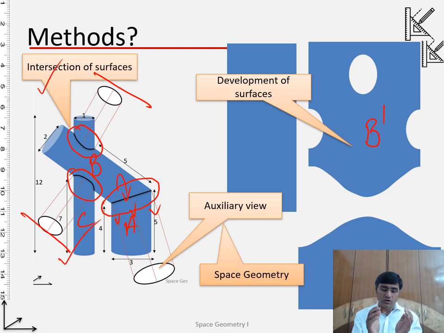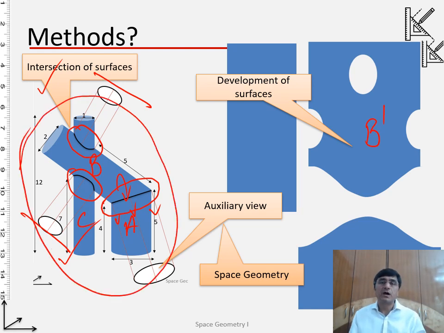Utilizing the orthographic drawing of the given object, is it possible for me to cut out the sheet as B dash, so that by folding it I can generate the cylinder over here, the P? Is it possible? This entire thing will be covered in development of surfaces. So this is all we will be studying in the rest of the lectures.